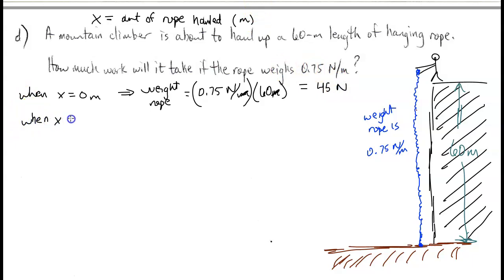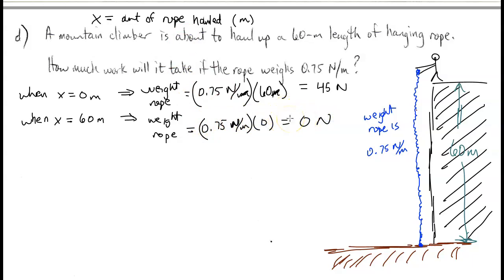Now, when we do the same thing, when he's pulled up all 60 meters of the rope, then the weight of the rope, of course, is going to be 0. I'll formally write it out: here we have 0 meters hanging, so we get 0 newtons. We say that because as the person pulls up the rope, the weight of the rope is decreasing.